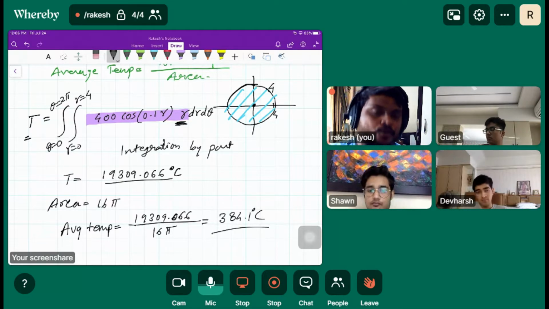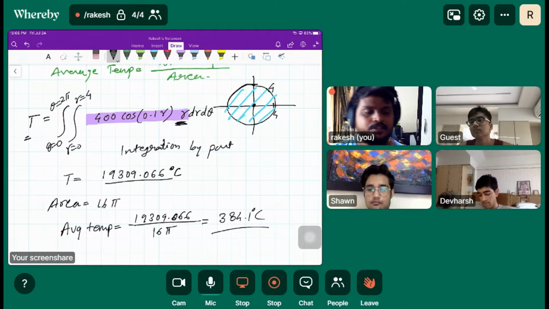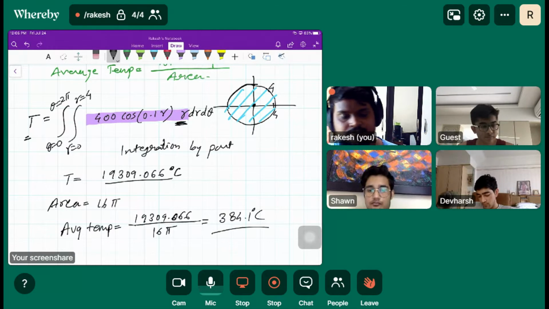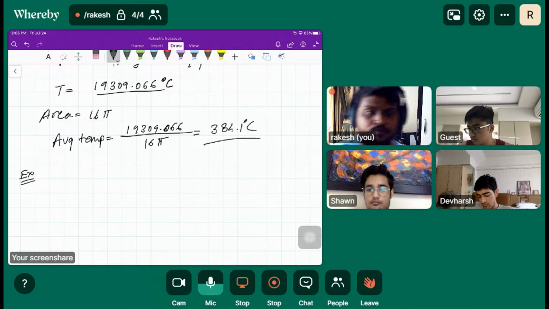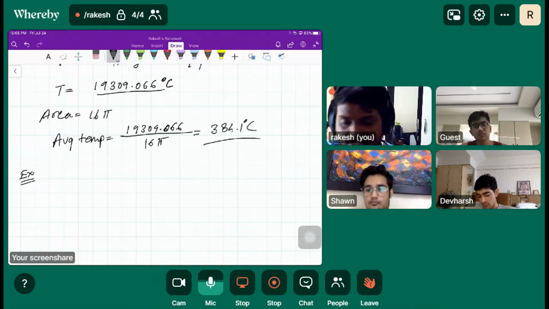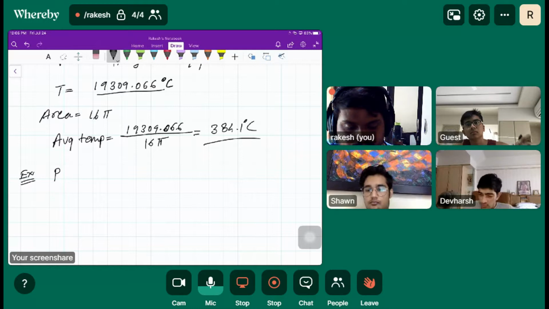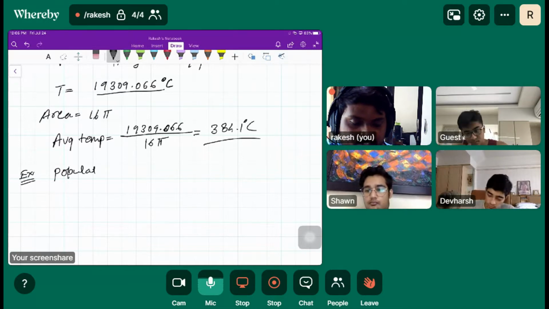So you will find a more realistic example now, about population density. Just write down the question. You have to solve this right now. The question is based on population density.